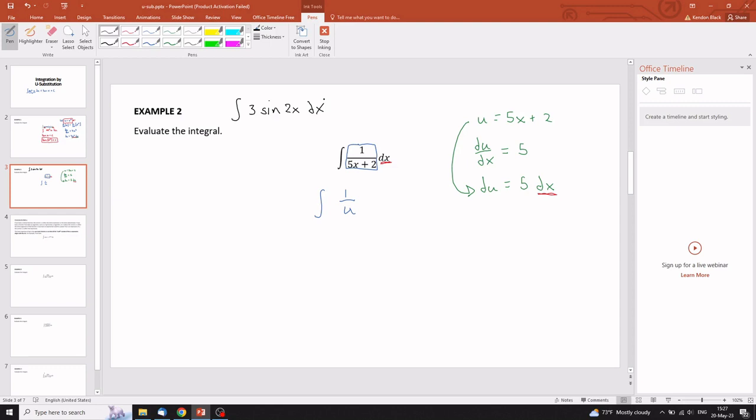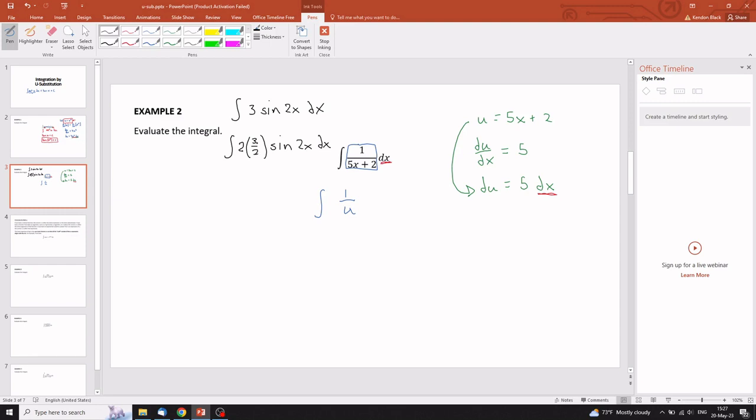And also, any number could be written as any other number multiplied by some other number. What do I mean by that? Well, if I want to turn a 3 into 2, I could write this as 2 times 3/2 sine 2x. Okay, so 3 is the same as 2 times 3 over 2.